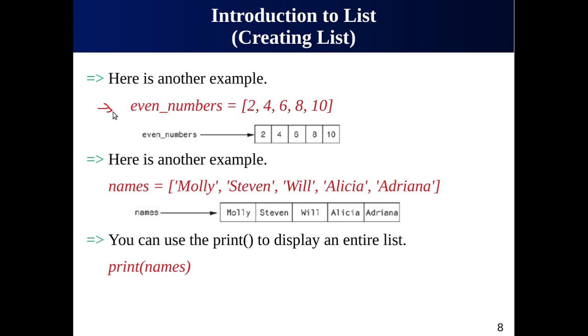Here, the name of the list is even numbers, and in this case our list contains 5 different elements that are the first 5 even numbers, that is 2, 4, 6, 8, and 10. So in this case, the list has 5 elements and they represent the even numbers.